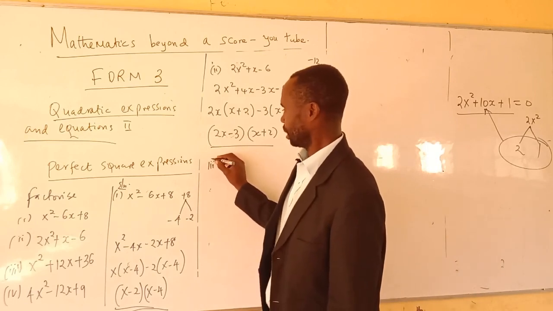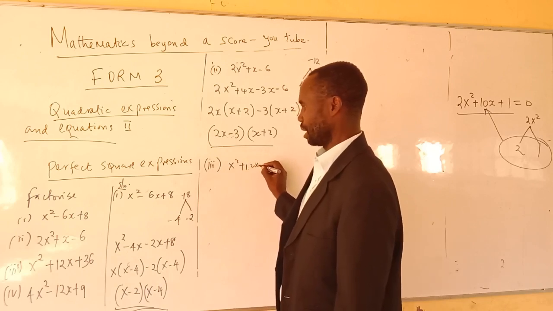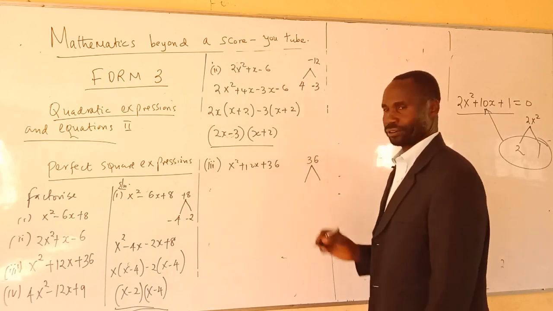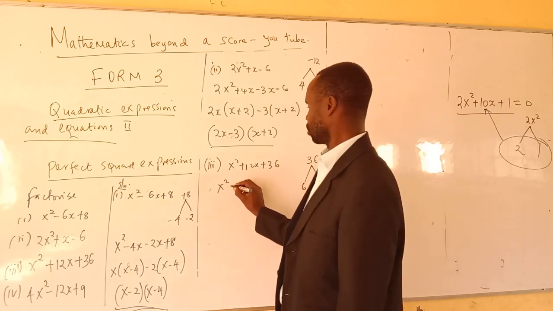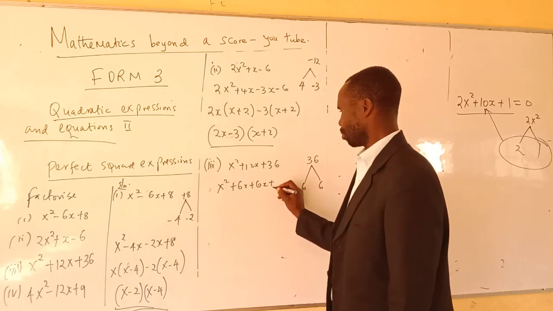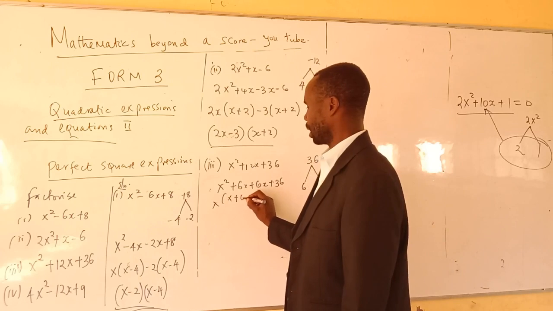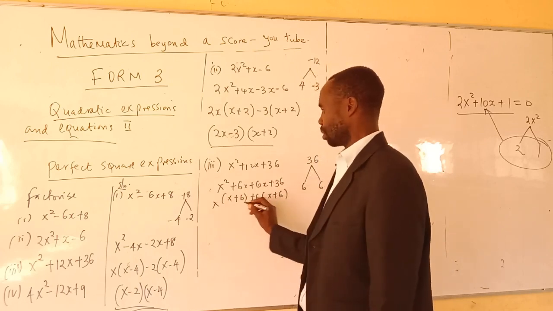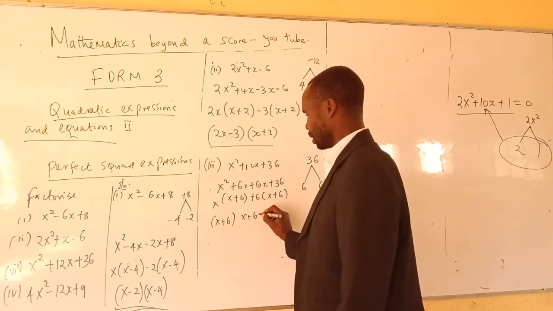We now move to the third one very fast. Number 3 is x² + 12x + 36. Two numbers that give positive 36 are 6 and 6. So we write x² + 6x + 6x, which is 12x, + 36. We have x(x + 6) + 6(x + 6).